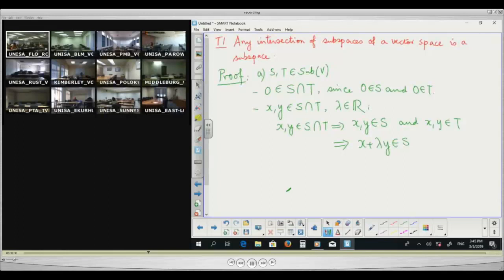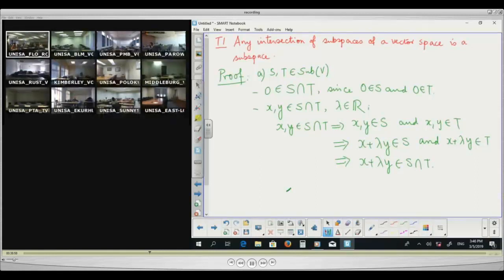What you do is exactly the same thing, right? Because if you take x belongs to S and y belongs to S, therefore x plus lambda times y.